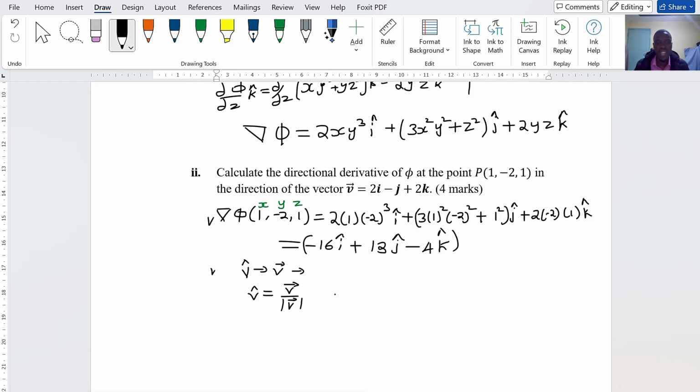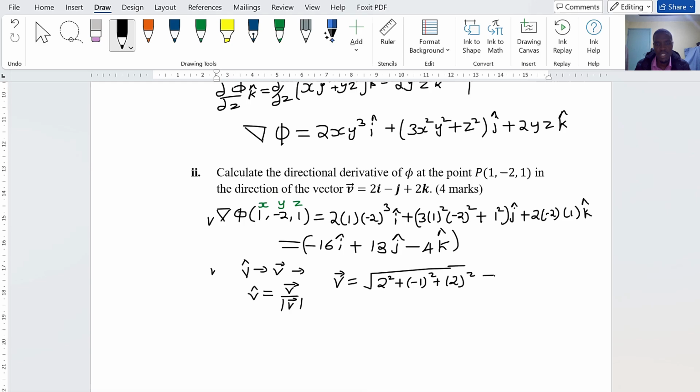So let's find the magnitude of v first. This will be the square root of x squared, which is 2 squared, plus y, which is -1 squared because it is -j, then plus k, which is 2 squared.